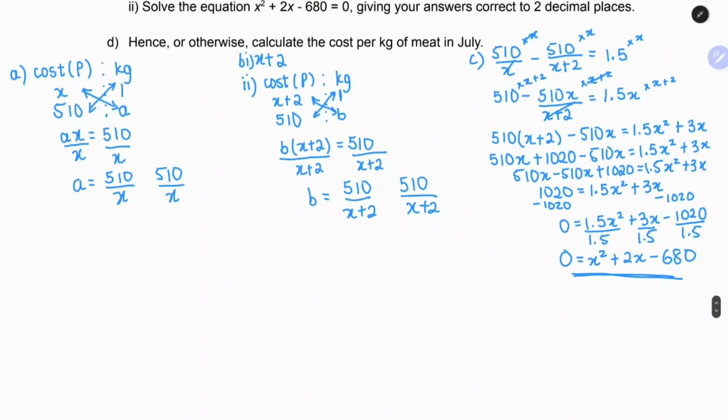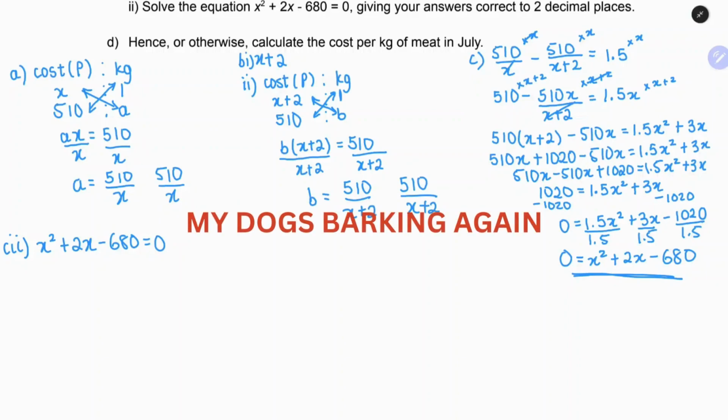And then we go on to our favorite question, if it is our favorite question anyway, to solve the equation. So the equation that we have is x squared plus 2x minus 680 is equal to 0, which we reduced. I'm so sorry for the background noise.